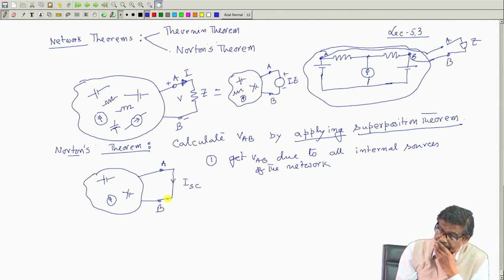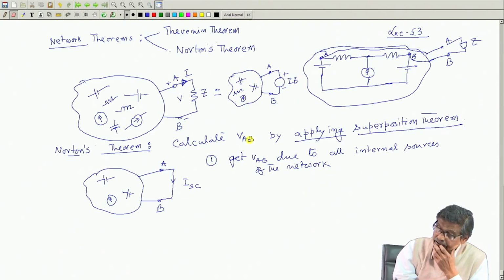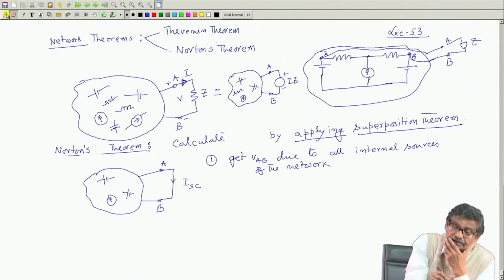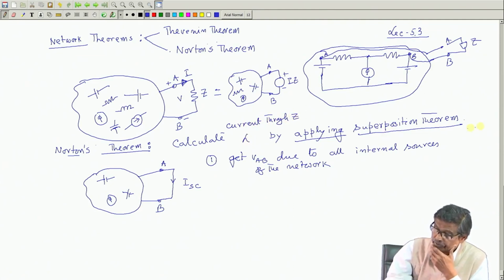Then I will write here: calculate the current I through Z by applying the superposition theorem.